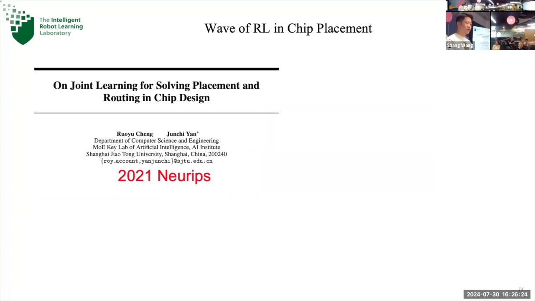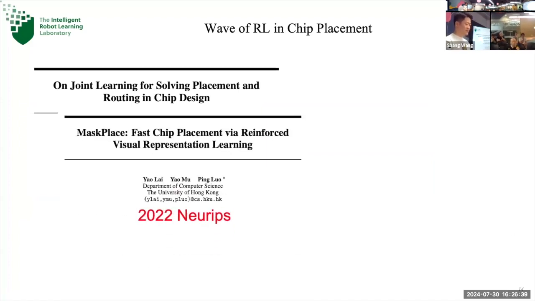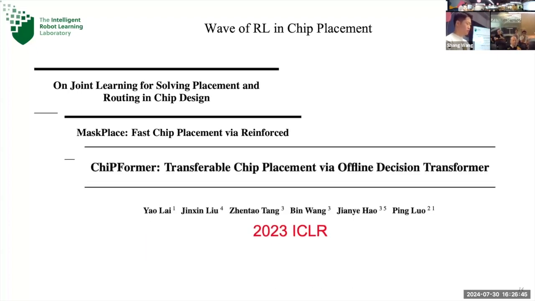So Google set off a new wave of reinforcement learning in chip placement. In 2021 at NeurIPS, this paper introduced random network distillation, aka RND, as an intermediate reward to encourage agents to explore the state space. In 2022 at NeurIPS, this paper proposed a new state representation, which no longer requires graph learning. In 2023 at ICLR, this paper proposed to include expert data in the replay buffer to boost the agent's performance by using off-policy learning.